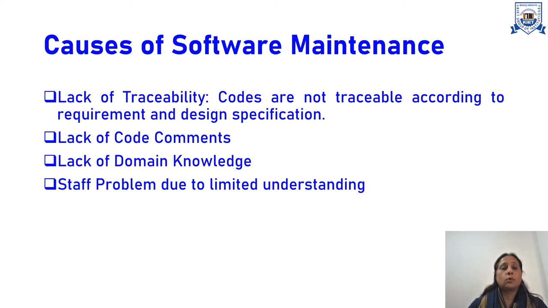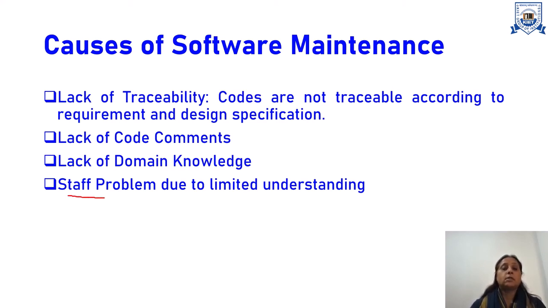Lack of code comments. We are not doing proper documentation at the time of development of software. Third problem, lack of domain knowledge. For example, a person is developing software for accounts, but the person doesn't have knowledge of accounts. In that case, many problems may arise with the software.